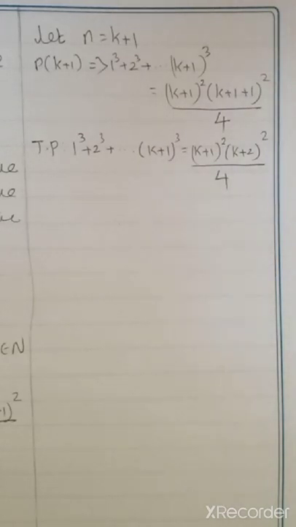Next, what is your third step? n equal to k. Taking n equal to k, wherever n is there, we replaced it with k, and we assumed that P of k is true.